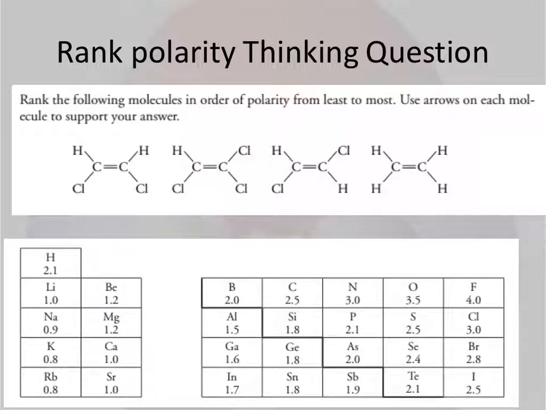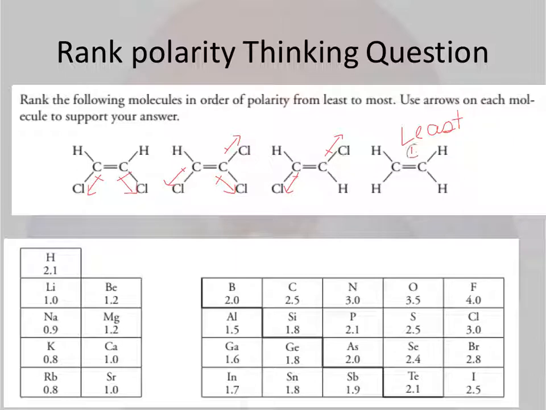So we are going to draw some little arrows to indicate polarity for each of them. And then you see this one has none. So obviously this one right here is going to be your very least polar molecule, because it doesn't have any polar bonds at all.